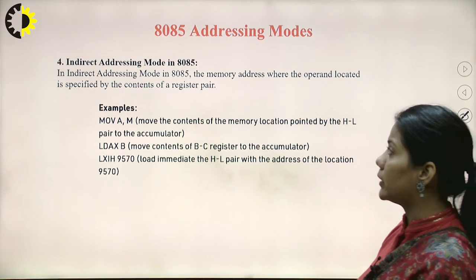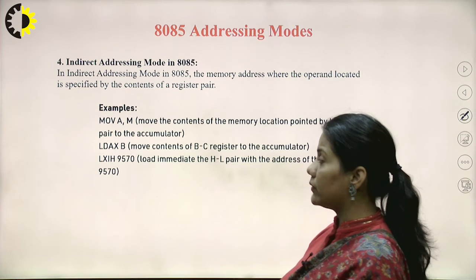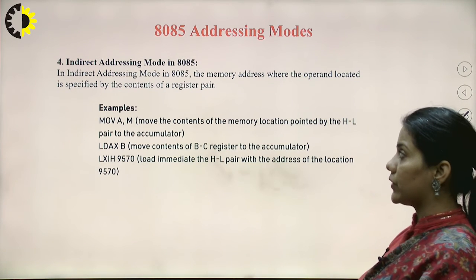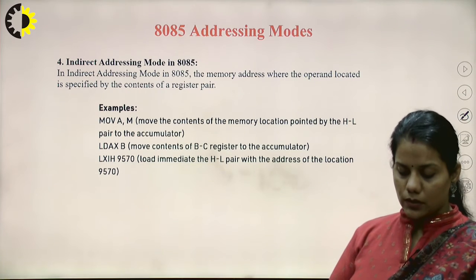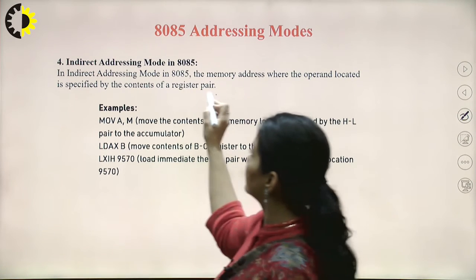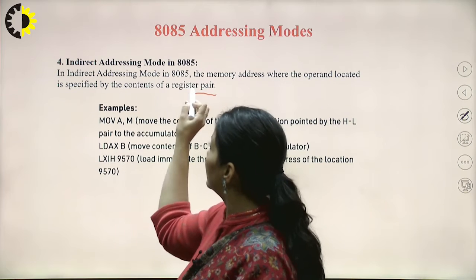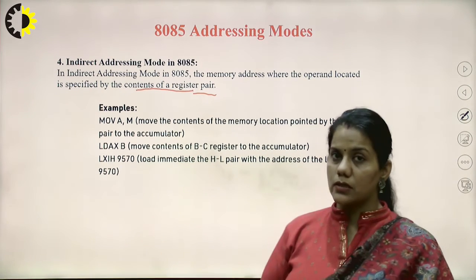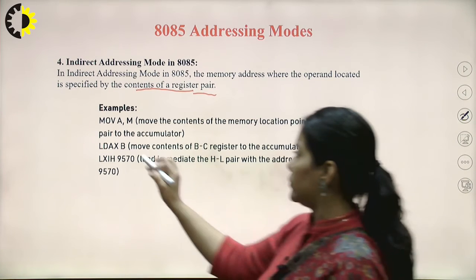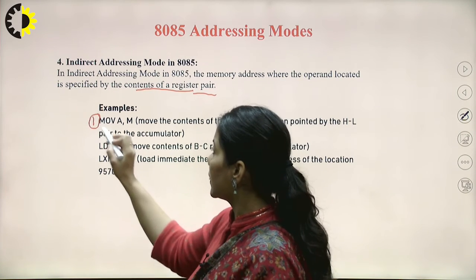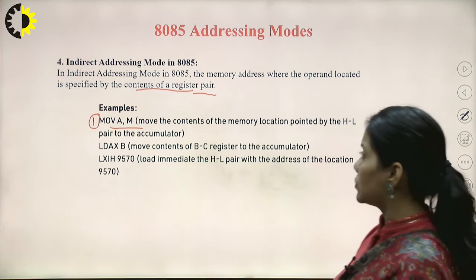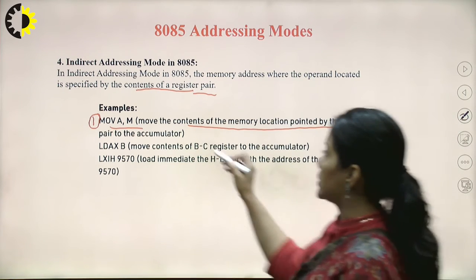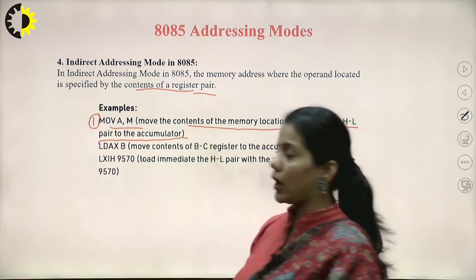Next is the indirect addressing mode in 8085, where the memory address where the operand is located is specified by the contents of a register pair. Let's understand this through examples. The first example is MOV A, M. It will move the contents of the memory location pointed to by the HL register pair to the accumulator.